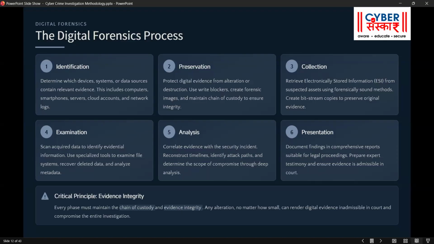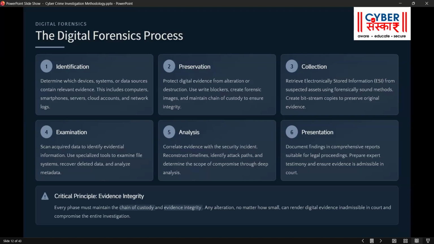So the next step now comes the collection. Now, when we have retrieved the electronically stored information, which is known as ESI, from suspected assets using forensically sound methods, create bit stream copies and preserve the original evidence.